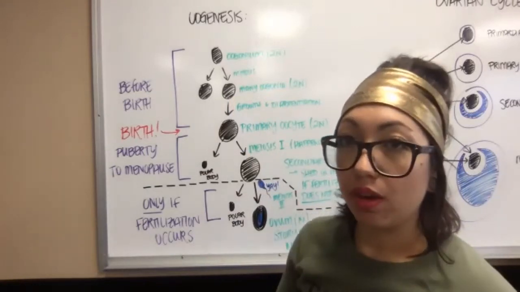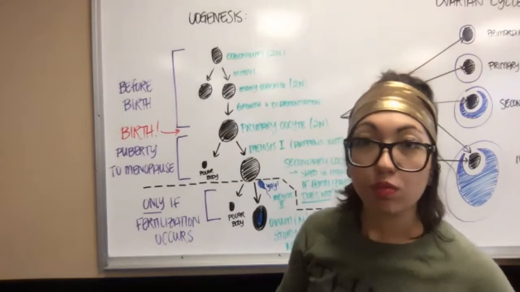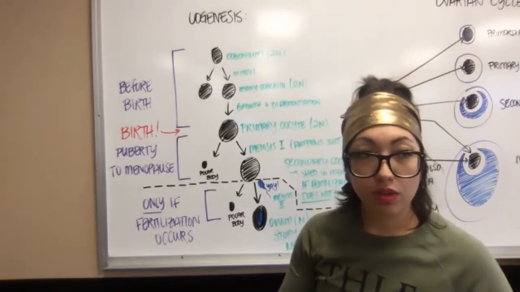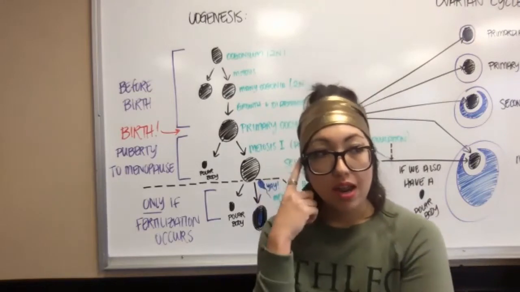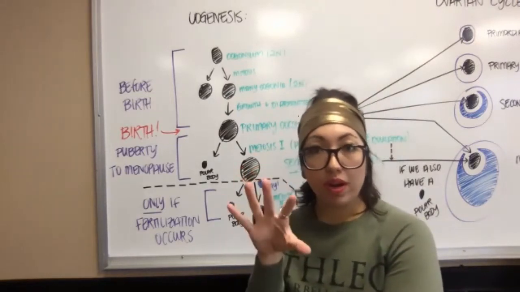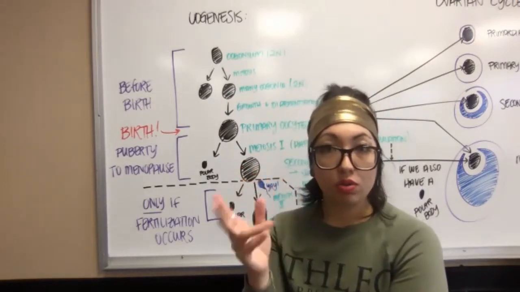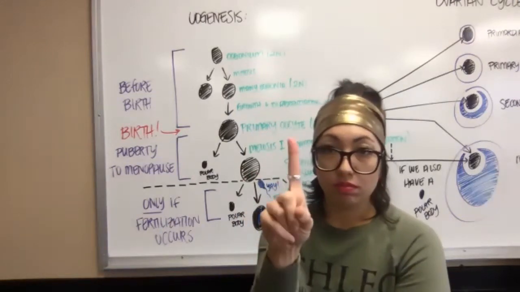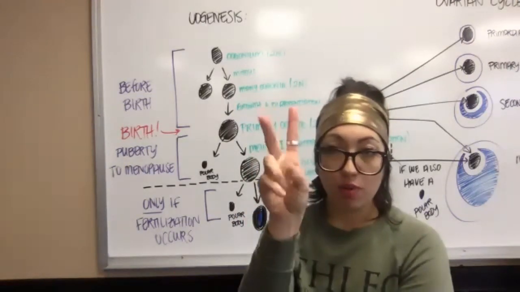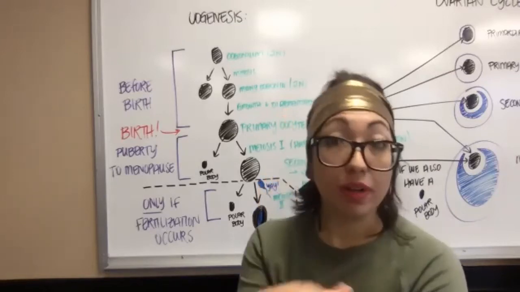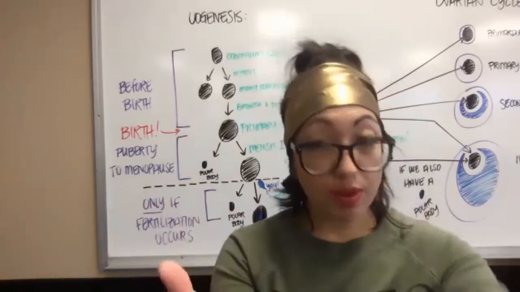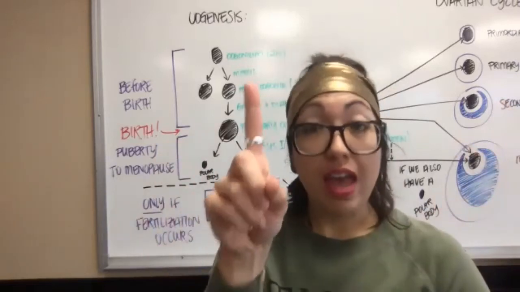Meiosis is what, though? We also call that reduction division. If I started as a diploid, I'm going to very soon go to a what? Yeah, very good, haploid. So the sex cells, when we think of sex cells, we think of haploids.